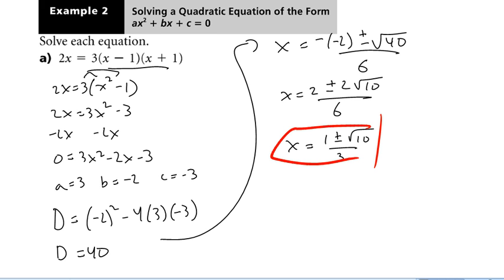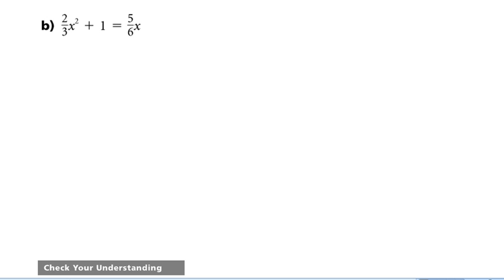If I were to ask you for a check on this, remember you can use a decimal check. Alright, here's part B. Got some fractions here. The first thing I'm going to do here is just get rid of the fractions. I'm going to multiply both sides by 6 because that's the common denominator. So I'm going to end up with 4x squared plus 6 equals 5x. And now I just need to subtract 5x from both sides.